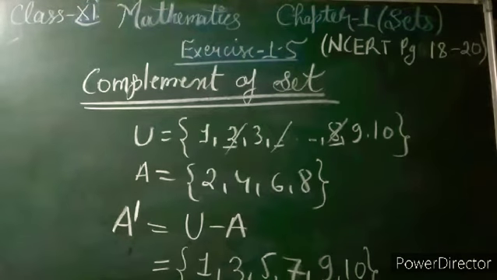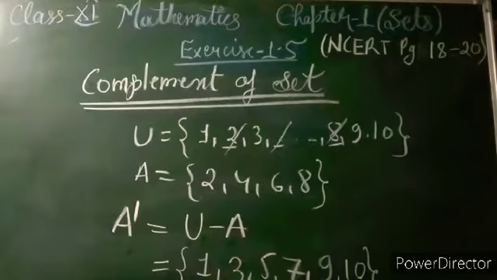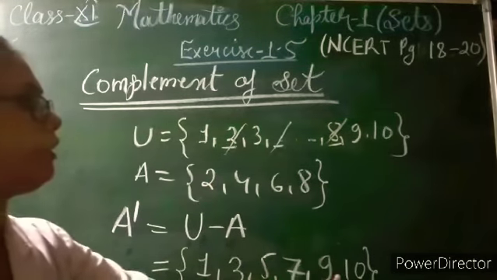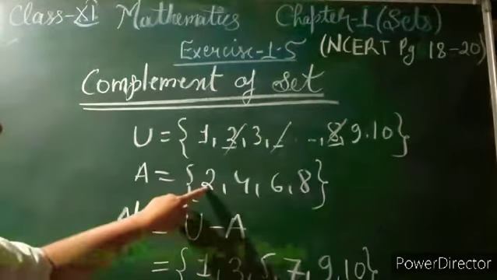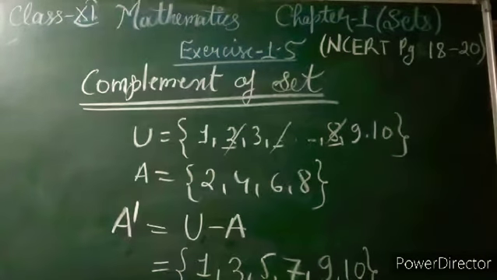We consider only the elements in the universal set but not in set A. So we take only 1, 3, 5, 7, 9 and 10. You see 1, 3, 5, 7, 9, 10 are not in set A but in set U, the universal set.